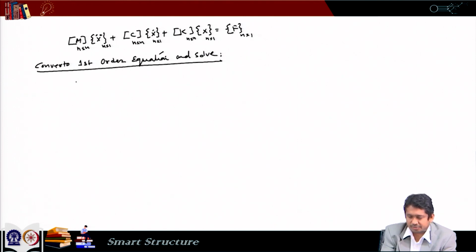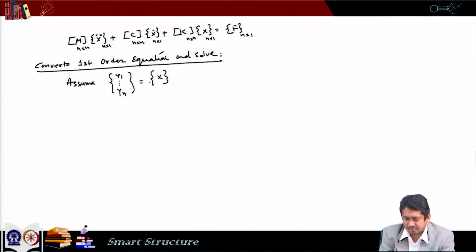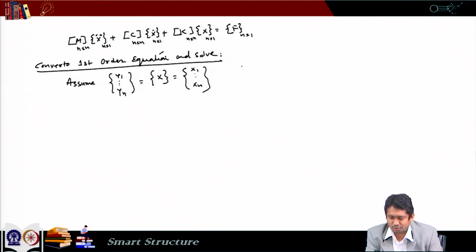Now, if I want to convert to a first order equation, then assume another vector y with y1 to yn equal to x, which means x1 to xn, and also assume that yn plus 1 to y2n is x1 dot, x2 dot all the way up to xn dot.